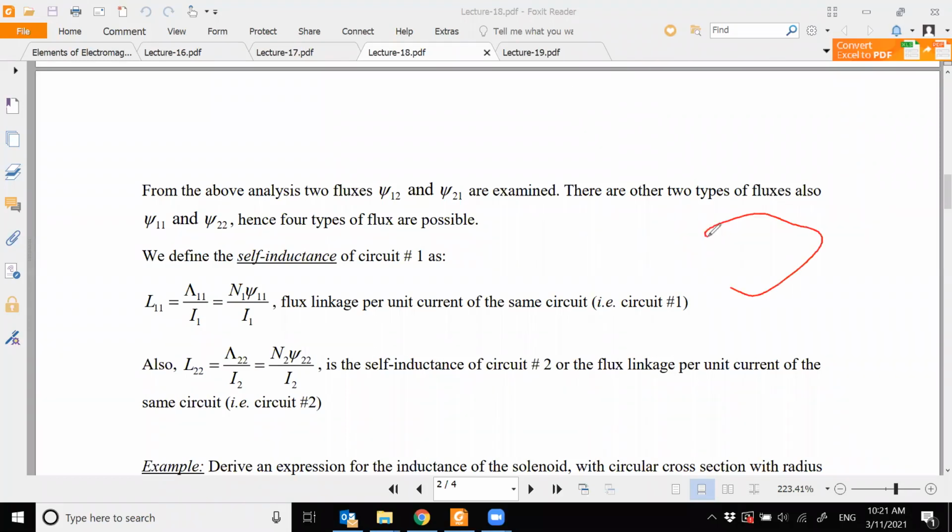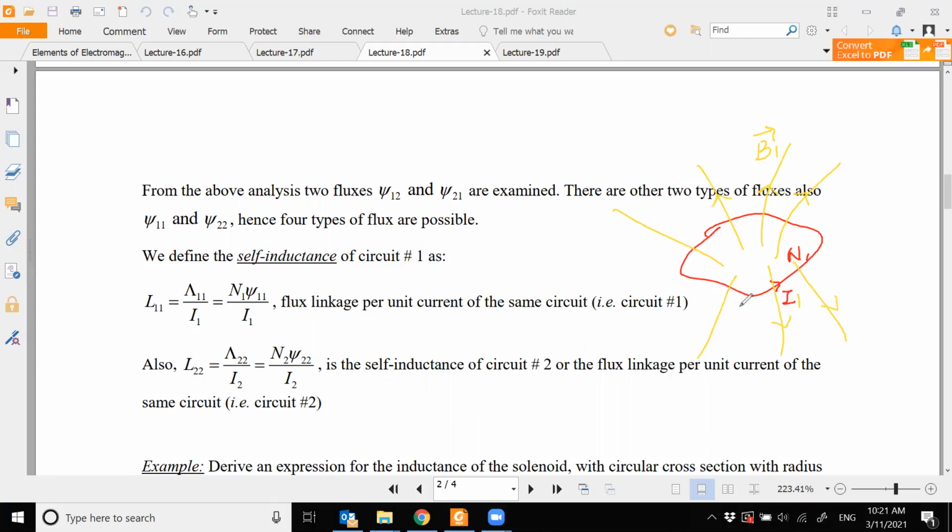So if this is your I1, and it has N1 number of turns, then it will generate a magnetic field, the magnetic flux density B1. This is I1, this is N1. So it is generating magnetic flux density.